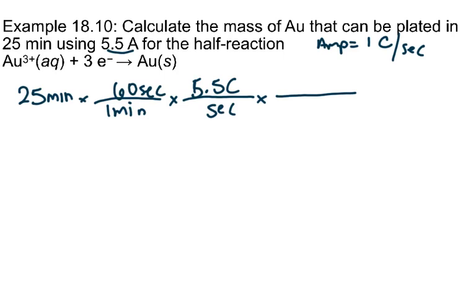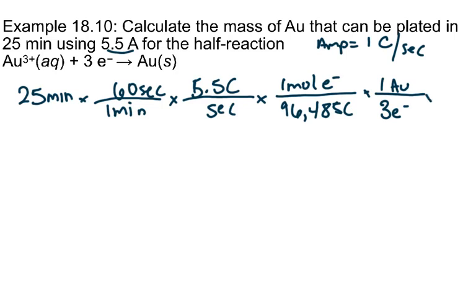Then 1 mole of electrons is 96,485 coulombs of charge. Then for every 1 gold, we are using 3 electrons, so 3 electrons per 1 gold. And then we know, where we can look up, these are both moles.